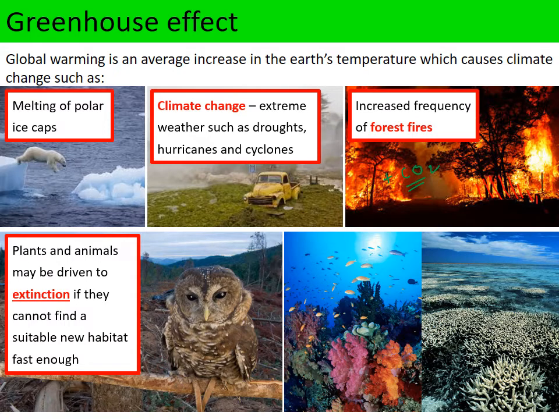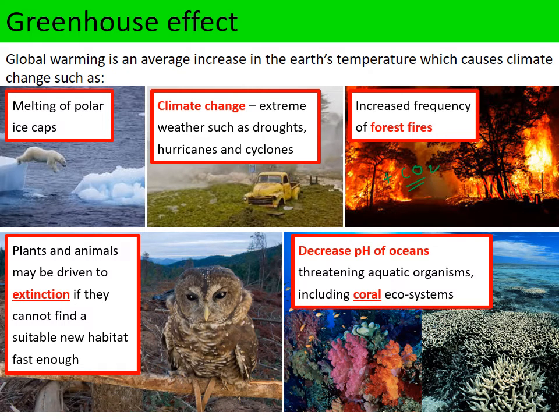But if these animals cannot move to a suitable environment quickly enough, if there aren't any individuals with adaptations that would allow them to do this, they're going to be selected against, and therefore that's going to put them at risk of extinction, where there are so few numbers of a particular species left that it's unlikely they'll be able to survive in the long term.